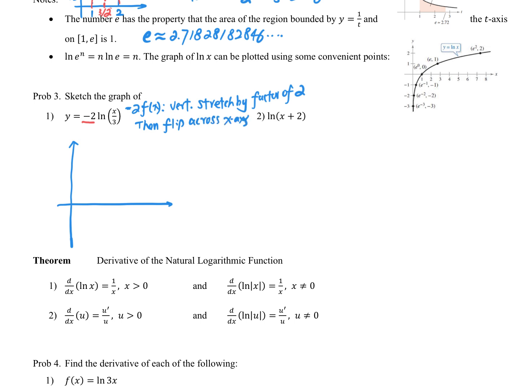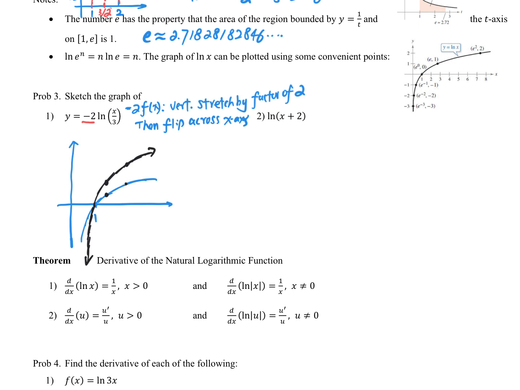Now I'm going to begin with ln x. Say this is my ln x, and this is going to be 1. When you do a vertical stretch by 2, the height should be double, and similarly on the bottom, you double it, right?